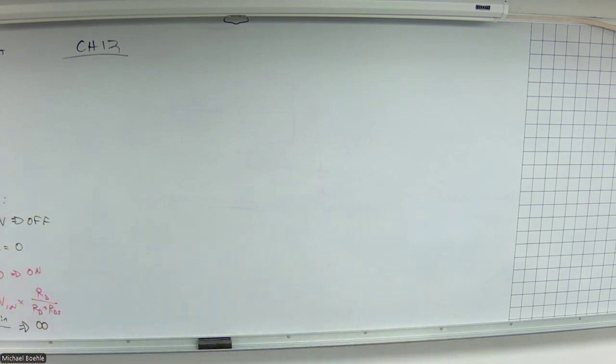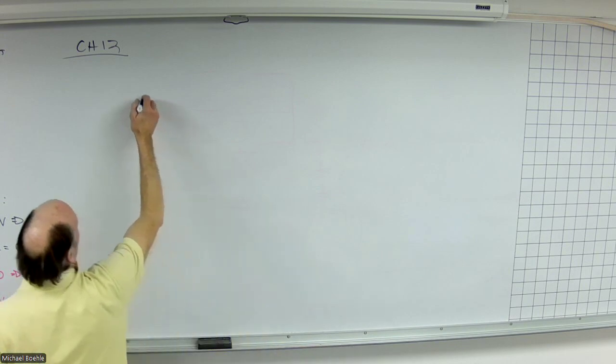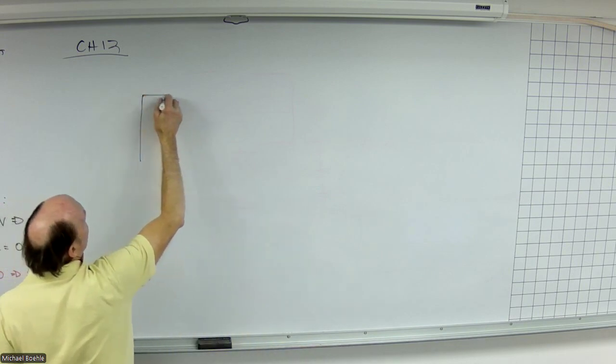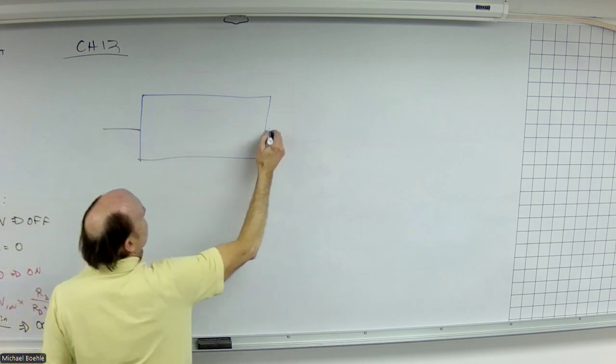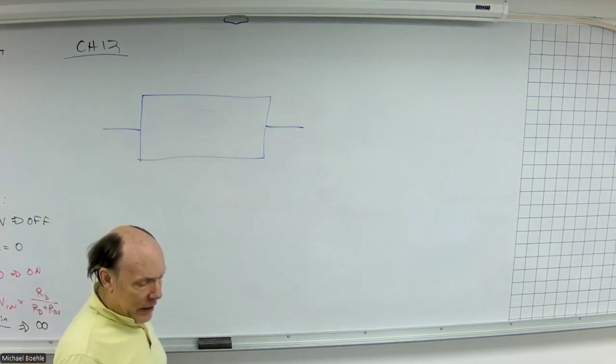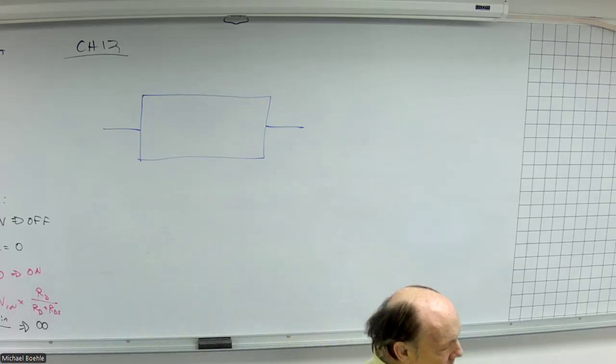So I'm going to start our discussion of chapter 12 with what is known as a depletion mode MOSFET. We're going to start in a very similar manner to what we did with our JFET.